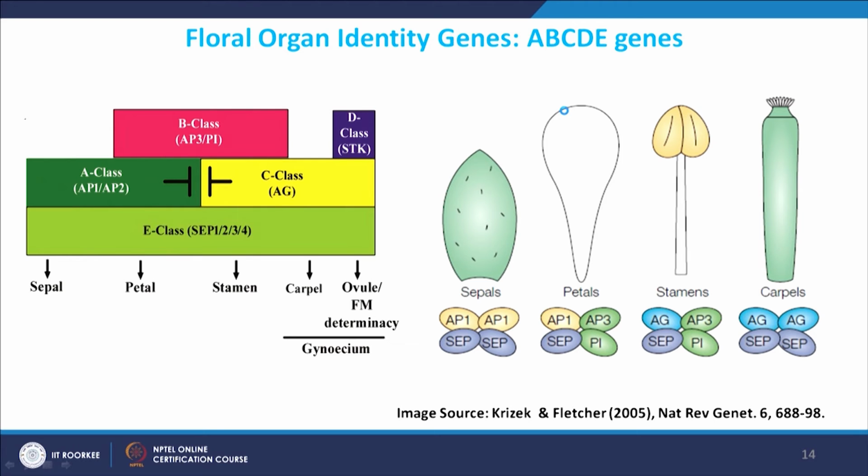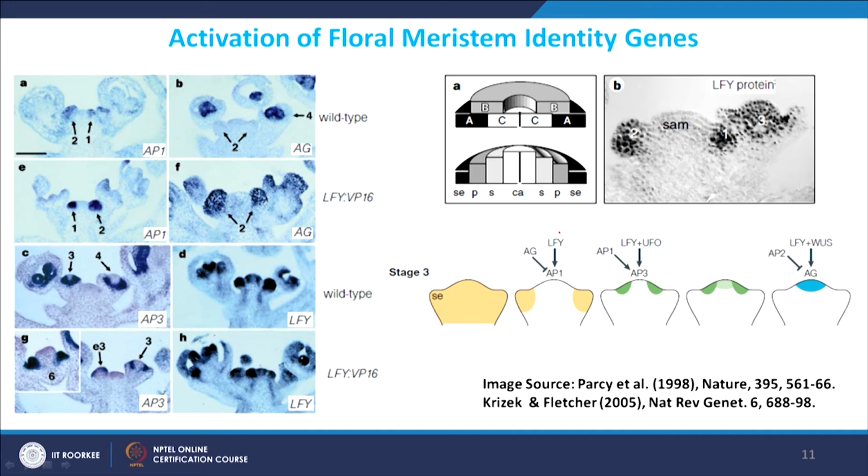So these genes are getting activated very specifically, and LEAFY is involved in activating these genes in a very specific domain. As I said, LEAFY activates AP1 in the region of the meristem which is the sepal and petal zone.